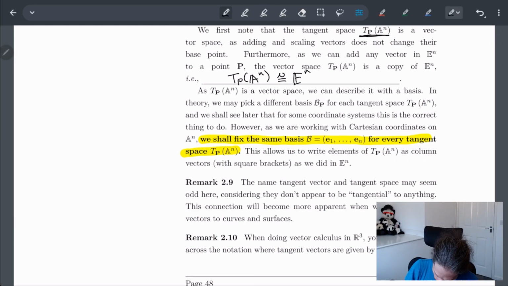So B is equal to B_p for every p in A^n. And this will allow us to continue to write the vectors as column vectors with square brackets, etc., as we did before. So nothing is really changing.